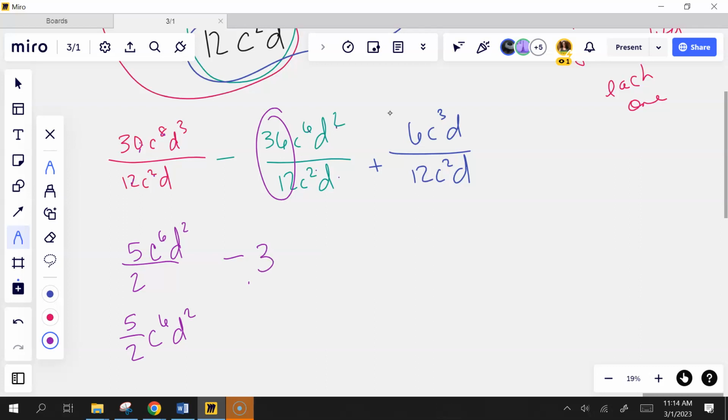Subtract and subtract. 6 minus 2 is 4. 2 minus 1 is, very last one, 6 divided by 12 is, how does that simplify? 3 minus 2, and these just cancel.